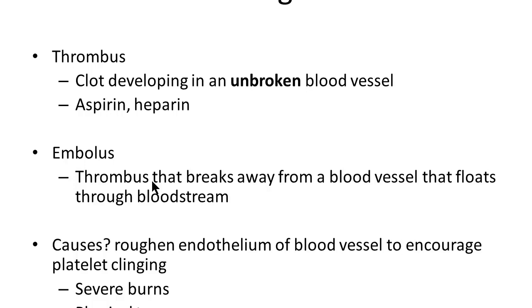Common emboli that we see get trapped in the lungs and in the brain. Also can get caught in the heart, but a real popular one, if someone who's had surgery, say on their hip or their knee, they can end up with what's called a PE, which is called a pulmonary embolism, and that's a clot that has broken away from the surgical area and gotten caught in the lungs.